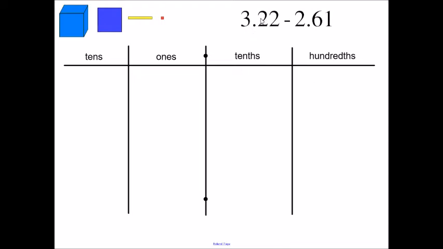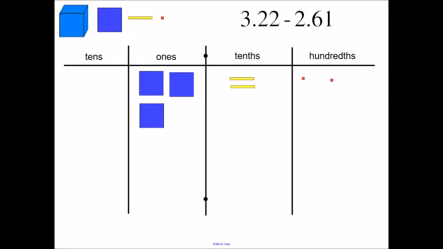So I have this situated again, and I'm going to start by representing my numbers. So 3.22. I need 3 ones. I need 2 tenths. And I need 2 hundredths. So now that I have 3.22, I want to take away 2.61.